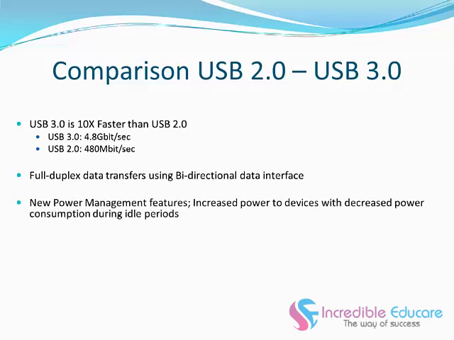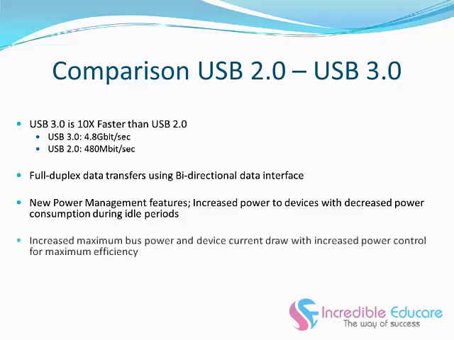New power management features, increased power to devices with decreased power consumption during idle periods, increased maximum bus power and device current draw with increased power control for maximum efficiency. 100% backward compatible with USB 2.0.